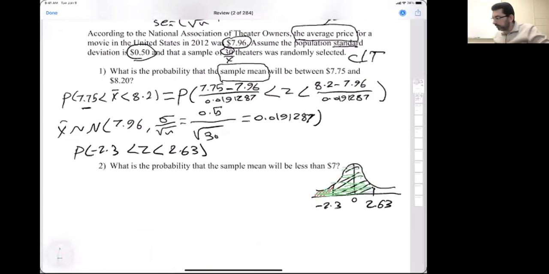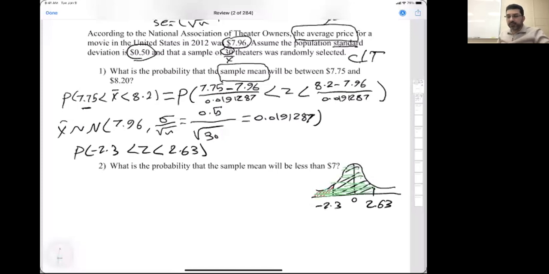If you return to chapter 6, we have some rules about finding the probability from the normal distribution.